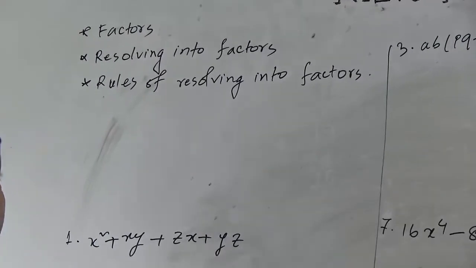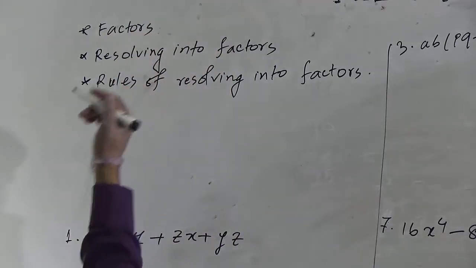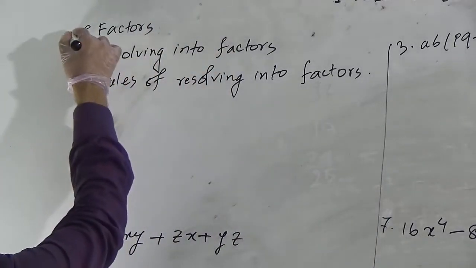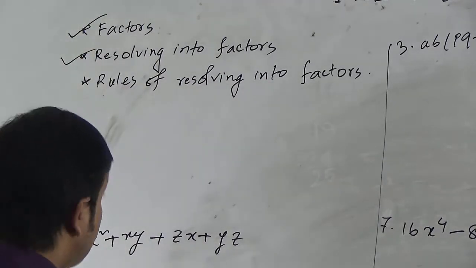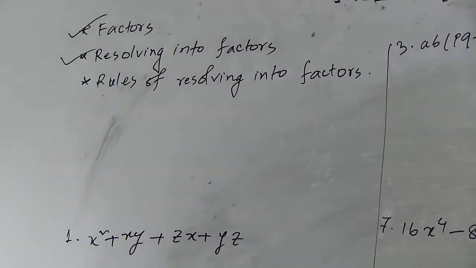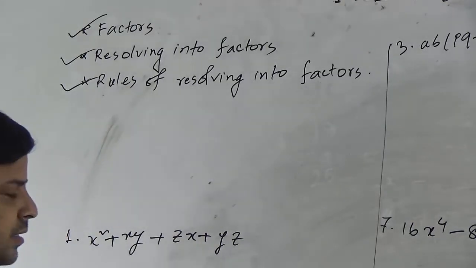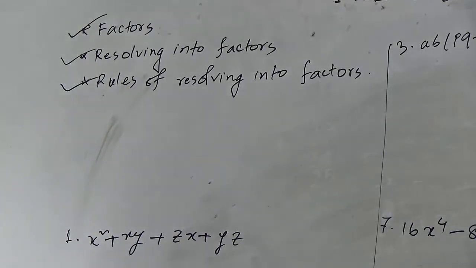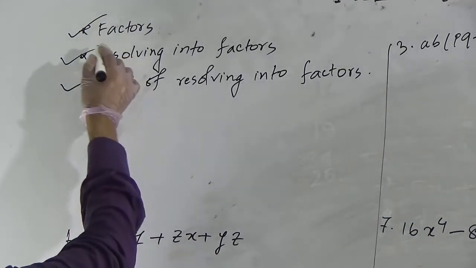Here at first you have to know what is factor. What is meant by resolve into factors? And then we have to know the rules of resolving into factors. At first I will show what is factors.